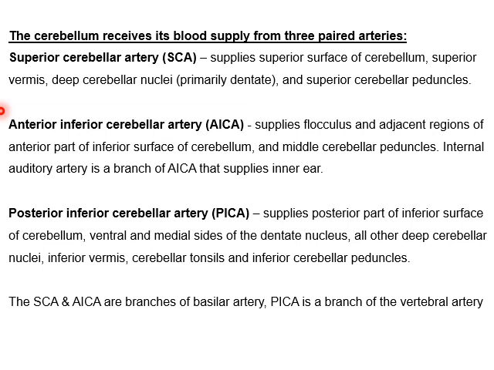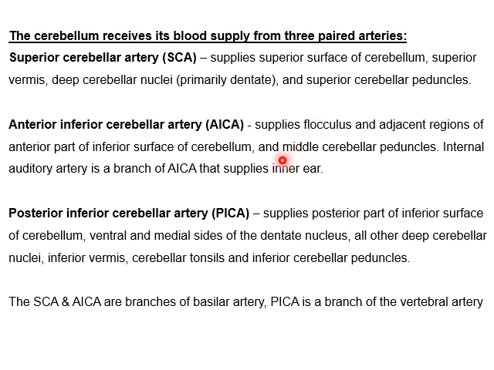The anterior inferior cerebellar artery, from its name, supplies the anterior part of the inferior surface of the cerebellum. So what is there? You'll see the flocculus and the adjacent regions of the anterior part of the inferior surface of the cerebellum.